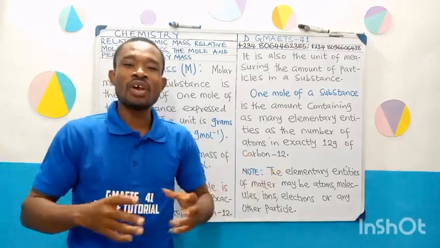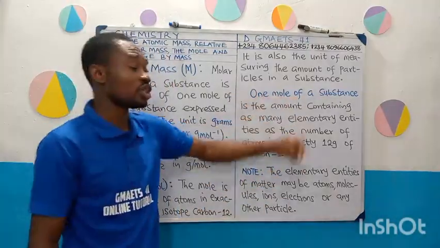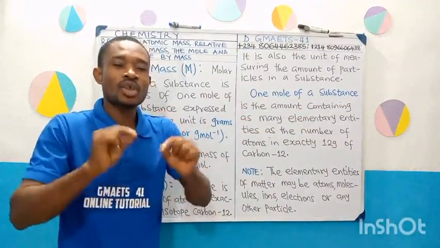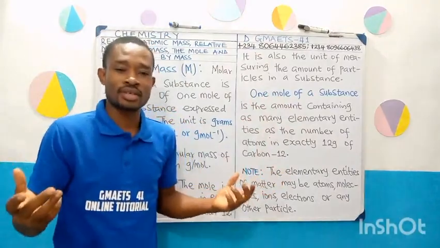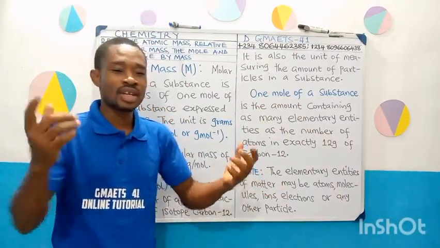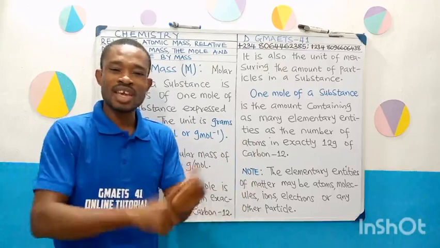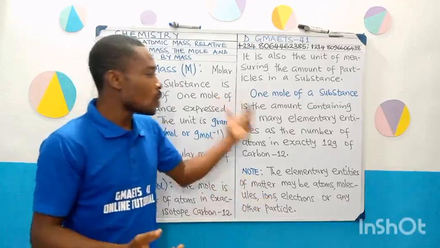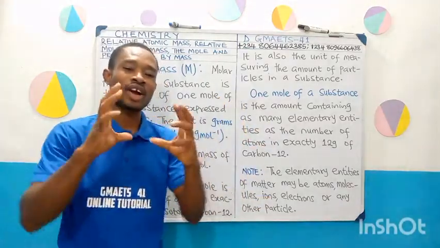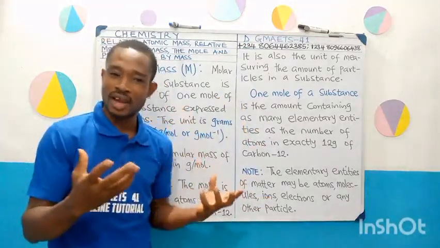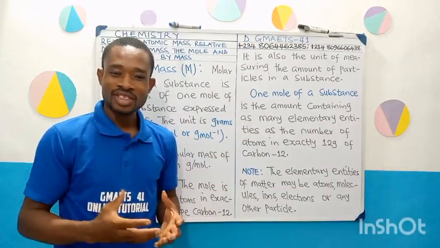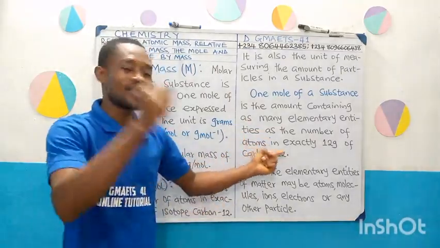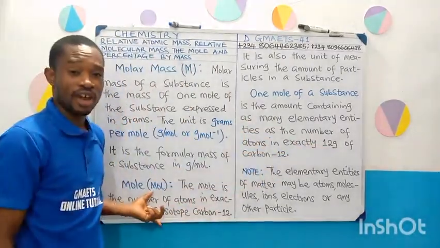So what is 1 mole of any substance? Here on the board we have the definition. 1 mole of any substance is the amount that contains as many elementary entities. When you talk about elementary entities, it includes atoms, molecules, ions, electrons, even other particles. So the 1 mole of a substance is the amount that contains as many of these elementary entities, just the same way as we have the number of atoms in exactly 12 grams of carbon-12, like we defined here.